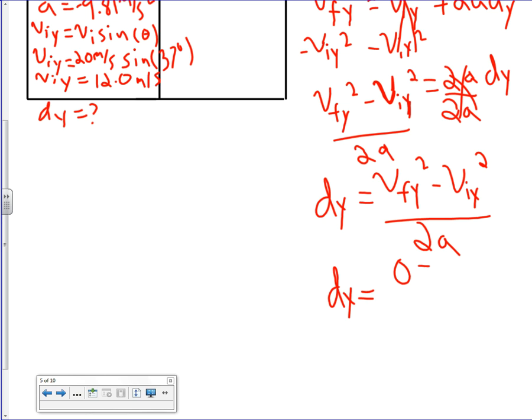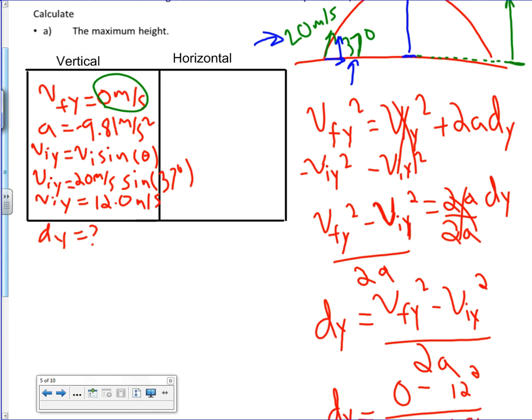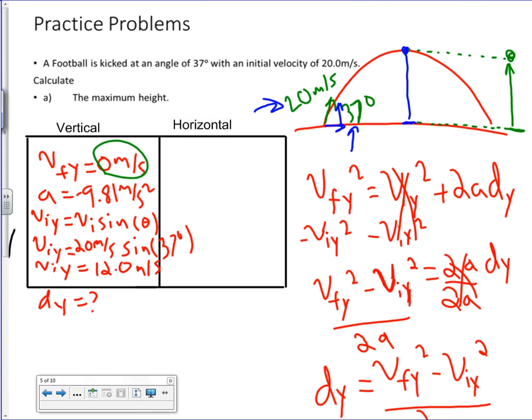So it's 0 minus our 12 squared over 2 times our acceleration due to gravity. That turns out to be 7.3 meters. What we're saying is this height here is 7.3 meters. So that first problem is solved. We got the max height.